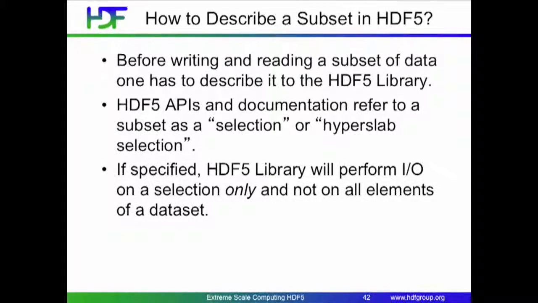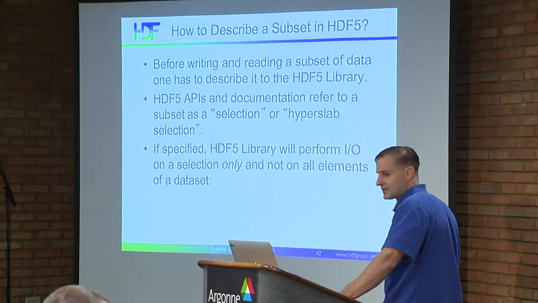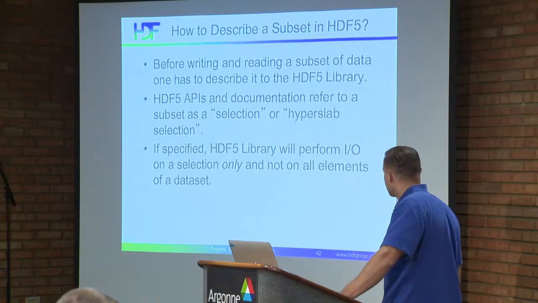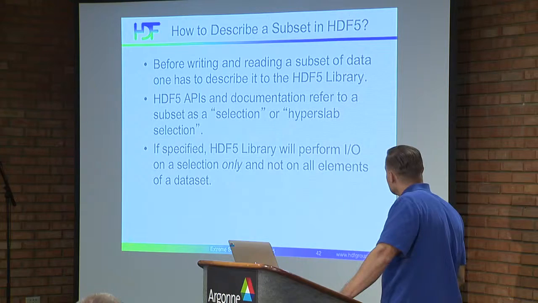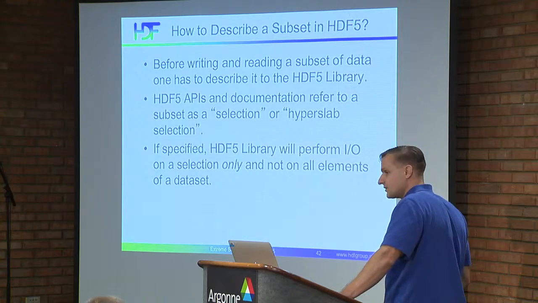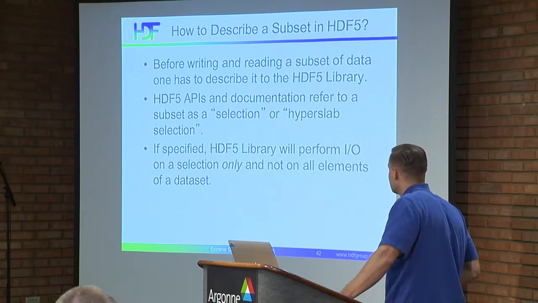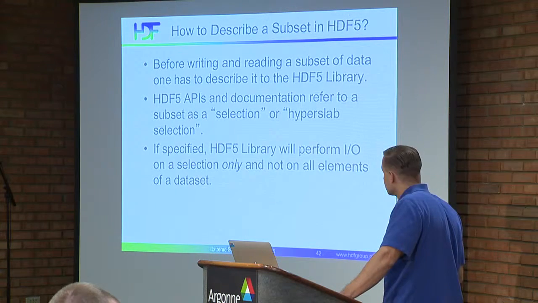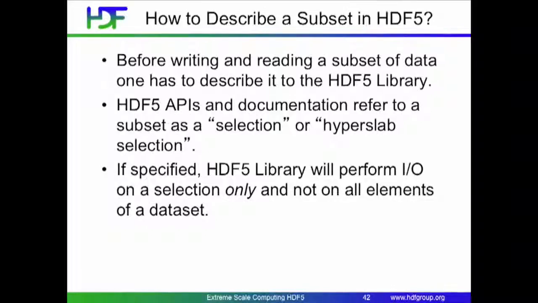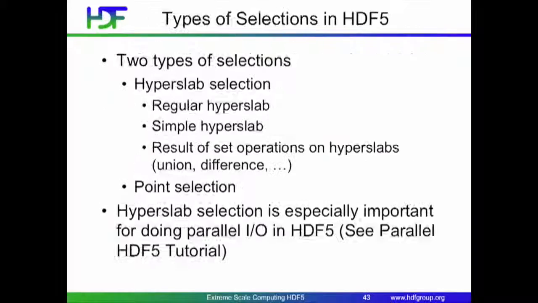You first have to tell HDF5 what this data set is described by in space. For this, we refer to a subset as a selection, or a Hyperslab selection. If you set up this data space, it's only going to operate on this particular Hyperslab selection that you've said to operate on.